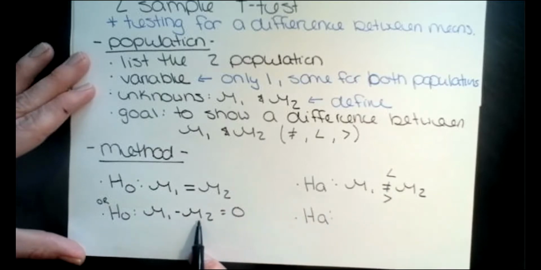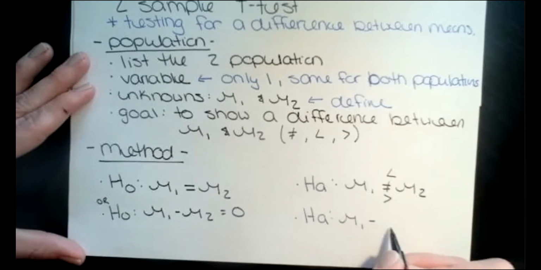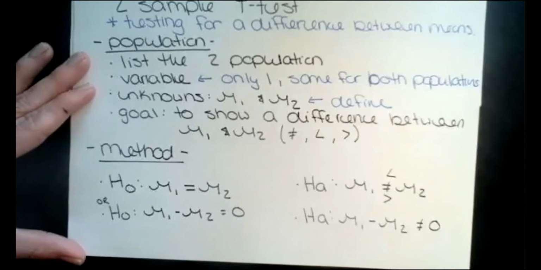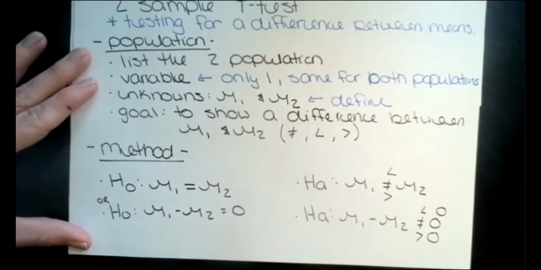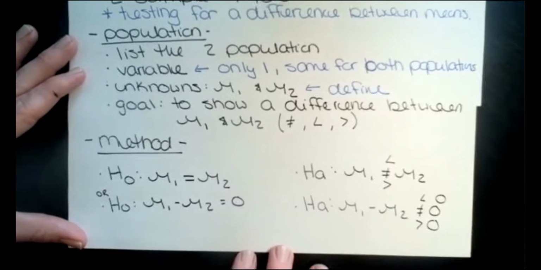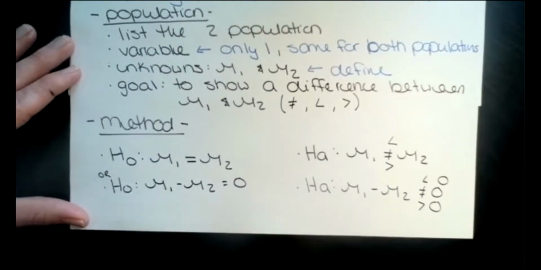Or if I wanted to write it where it's related to 0, then I would say mean 1 minus mean 2 is not equal to 0. That means there's a difference. Or less than 0 or greater than 0. So we can write them in these different ways. I'd like you to choose which way works for you.